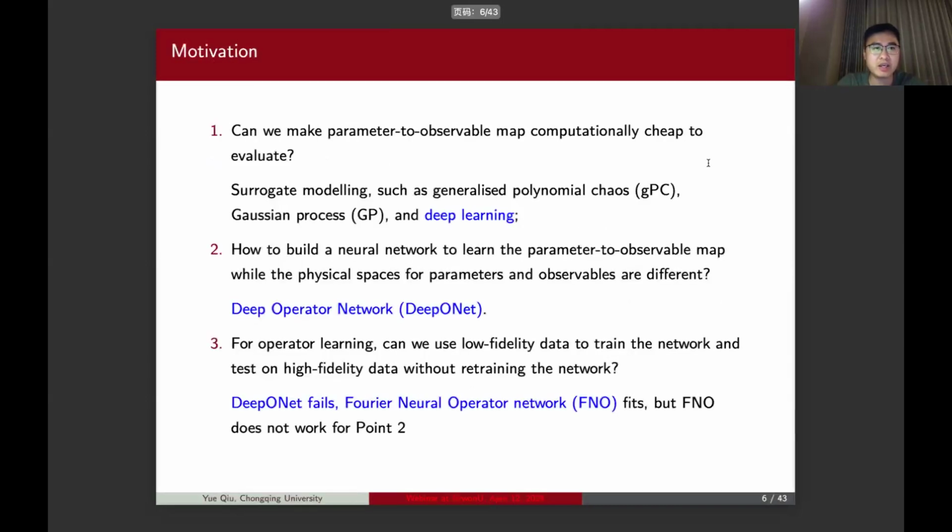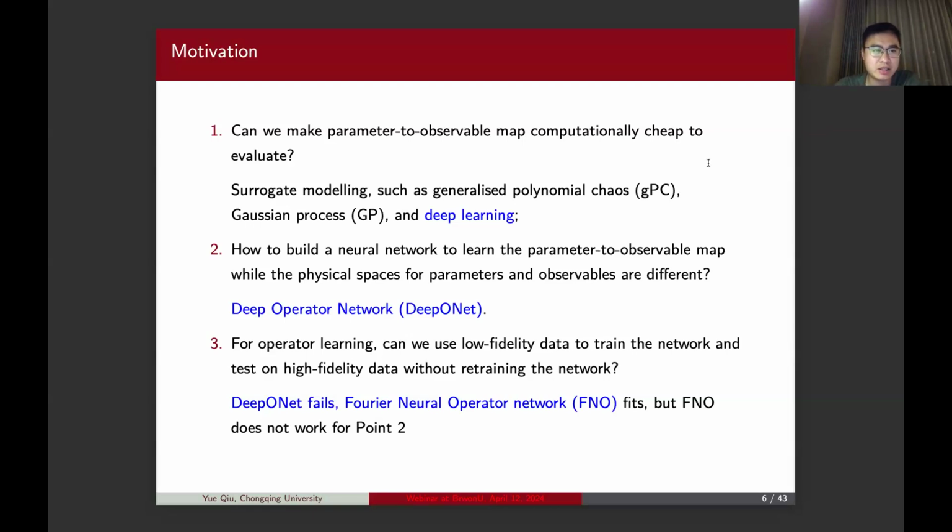So our motivation for this part is, first, can we make this computational cost cheap? And the answer is yes. We can build surrogate models, such as the generalized polynomial chaos proposed by George and his PhD students, and later Gaussian processes, and right now deep learning methodologies are pretty popular.